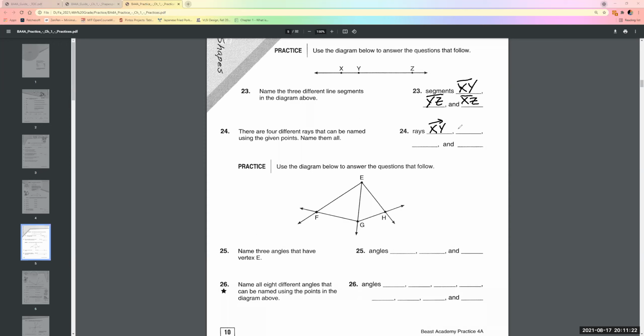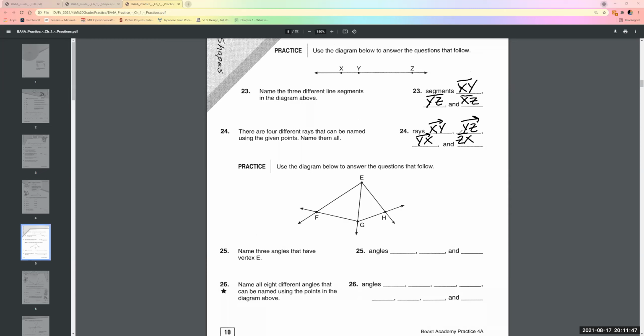Okay. I think that should be the same ray. It's just a different naming. Yeah. So XZ, YZ. Right. And YX. Right. And ZX. Right.